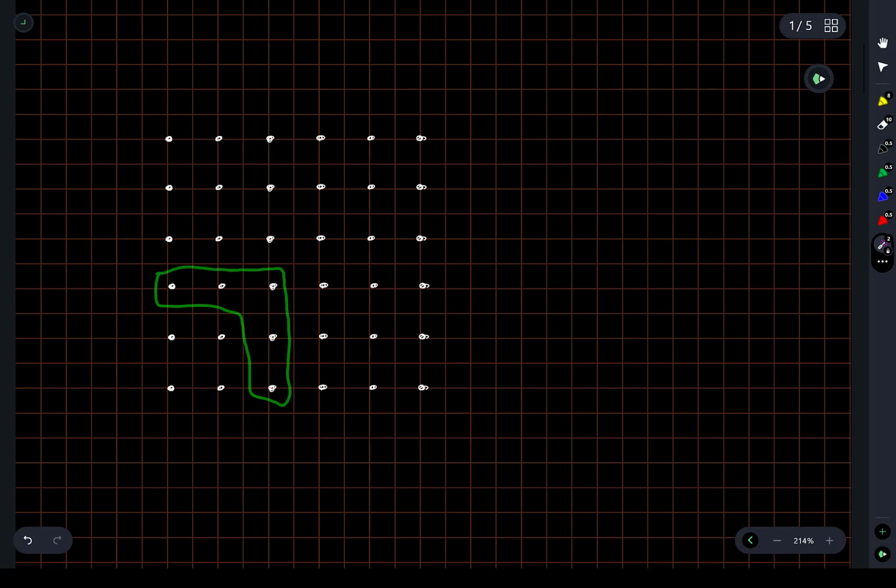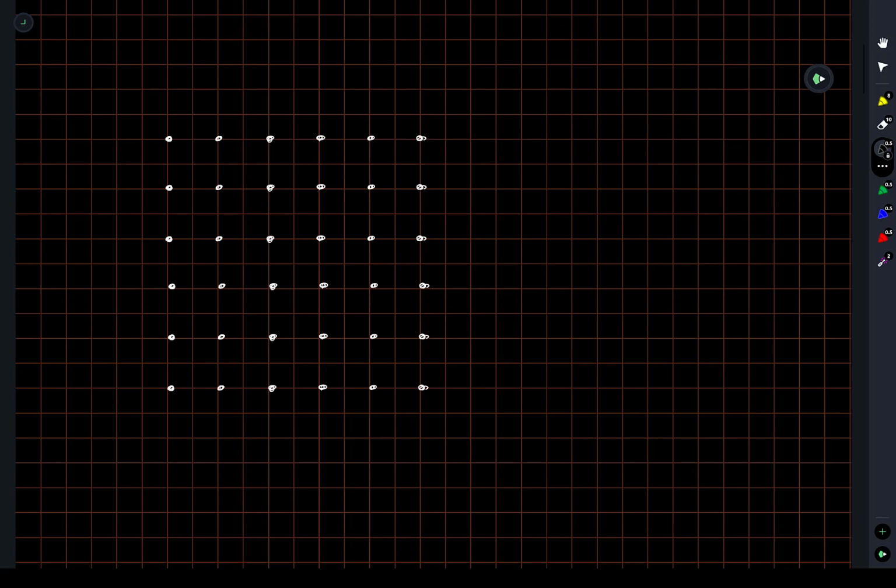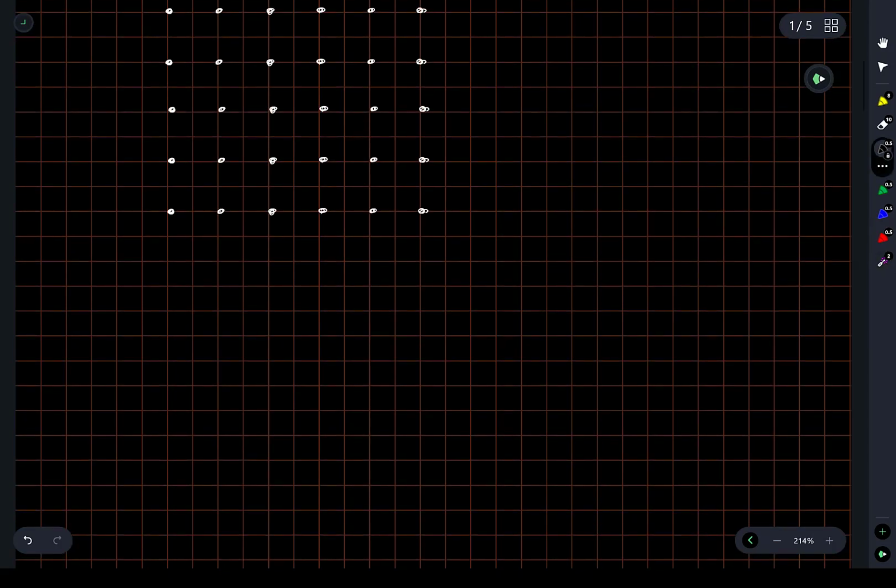If any of these dots are the bottom left dot in the square, then the side length must be 1, 2, or 3. So what I want here is a summation: the number of side lengths I can choose for the bottom left. Let's say we have an n by n grid.